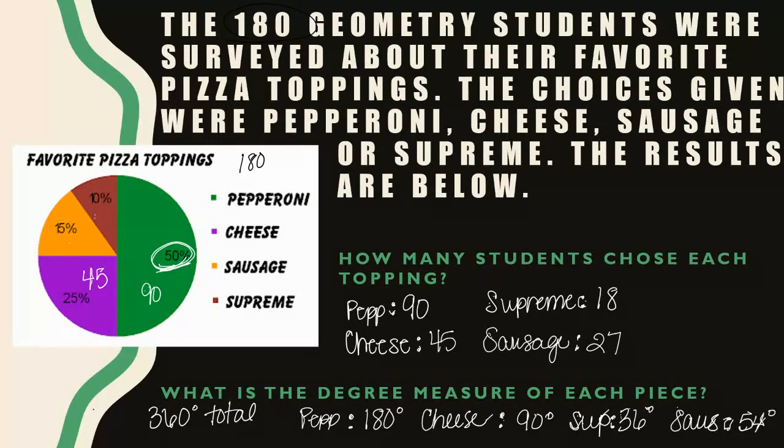So when we create a circle graph, what we're using are the 360 degrees in a circle and the percentages that we know to be able to figure out how many degrees each sector, that's these different pieces, each sector should be. Let's look at another one here.